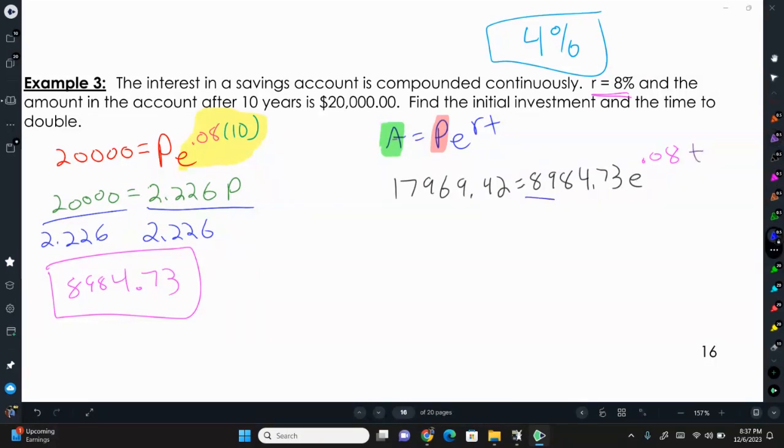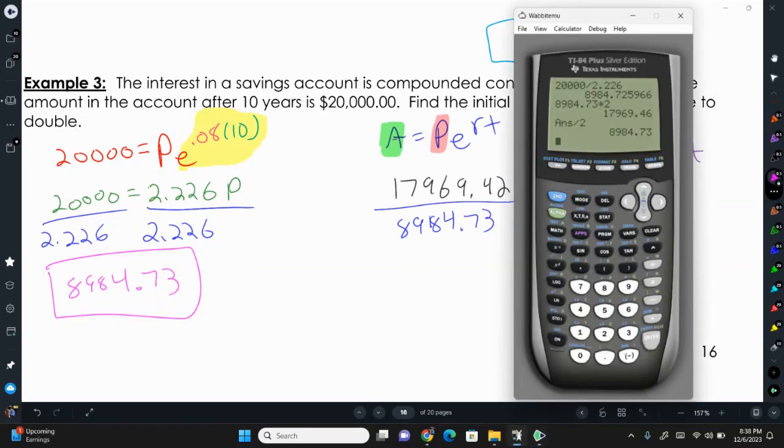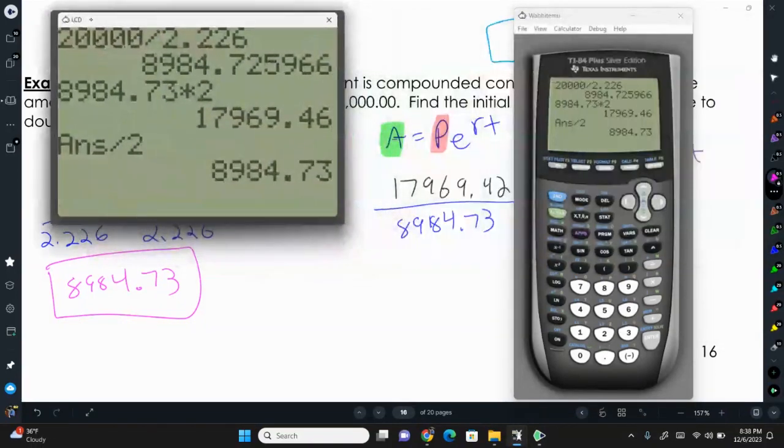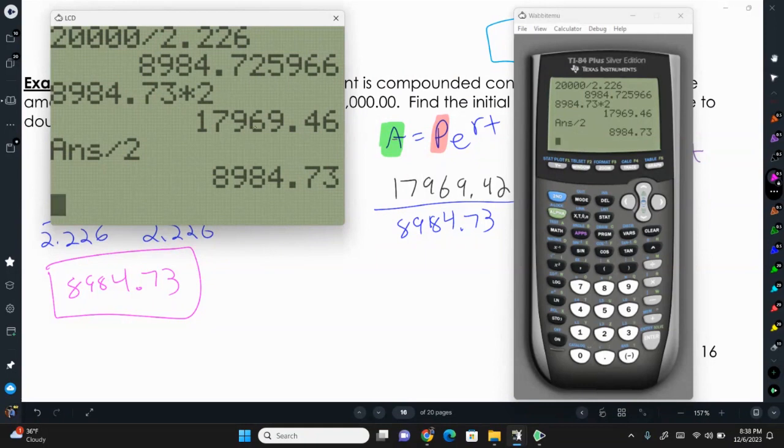Okay, well, we'll divide both sides by 8,984.73. And when we do that, this is just going to give you 2, because if you look at our calculator screen, when we multiply the original amount by 2, we got the 17,000 number.